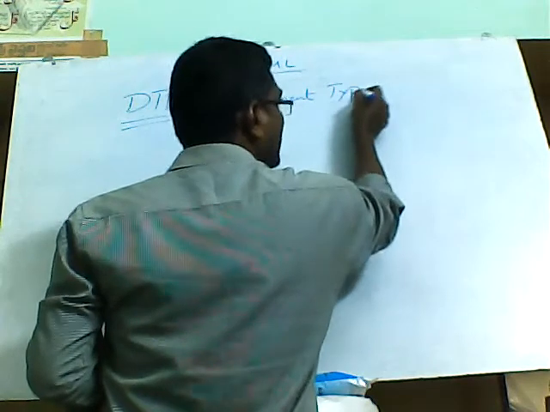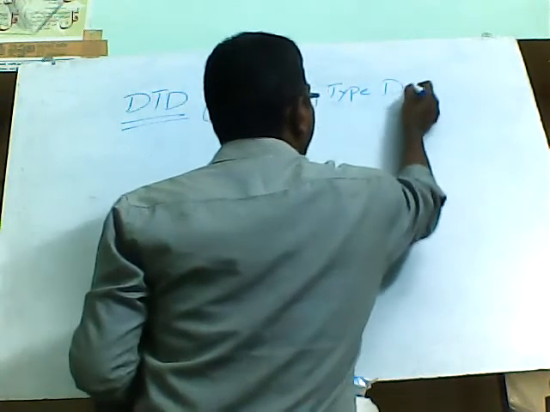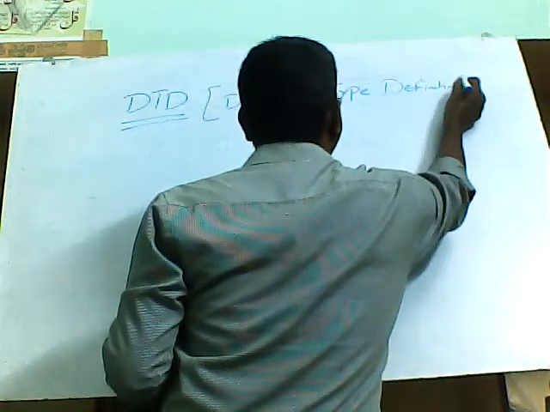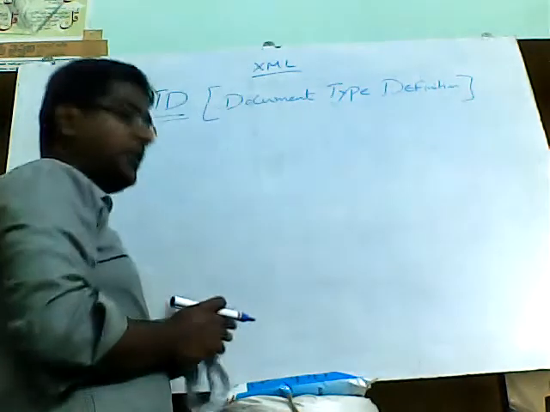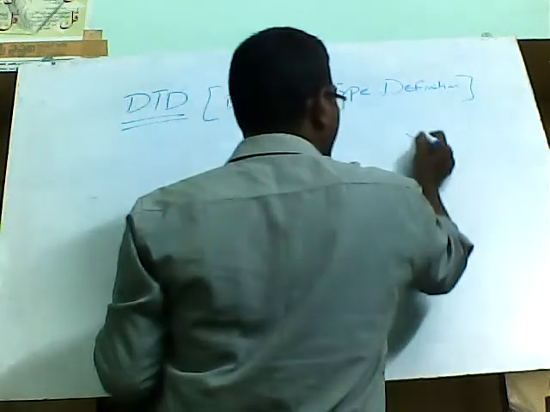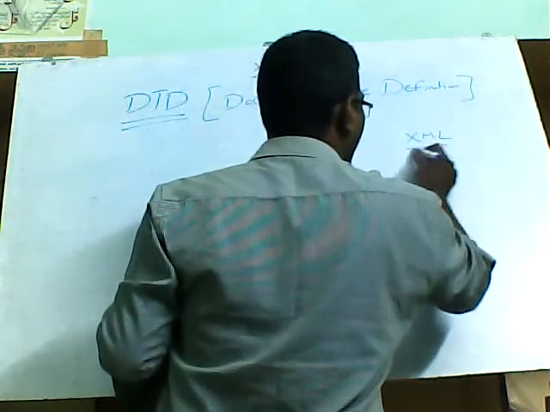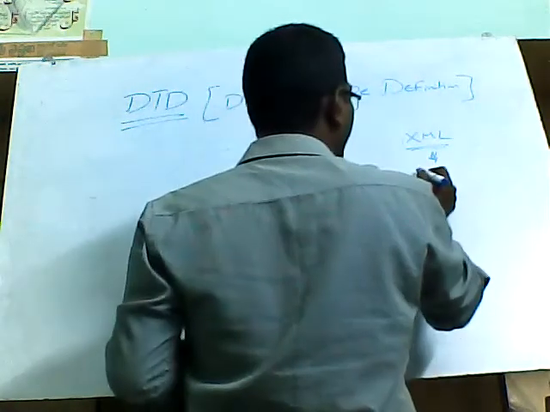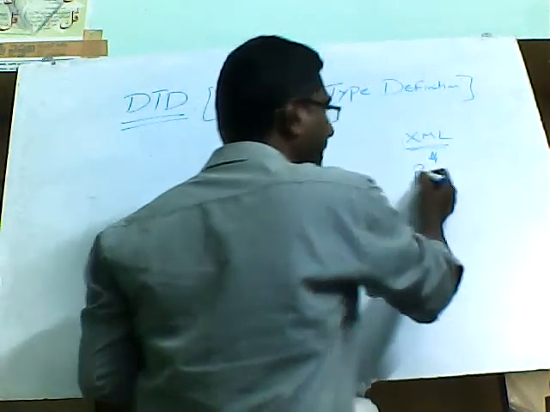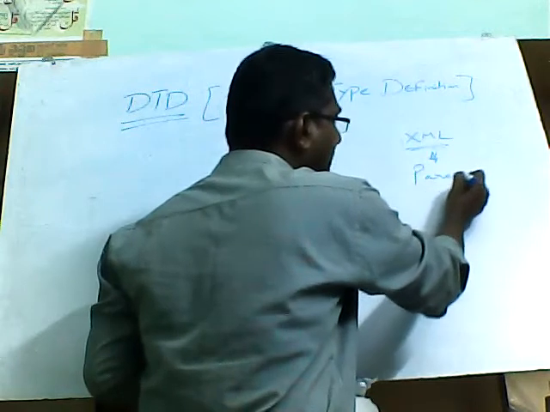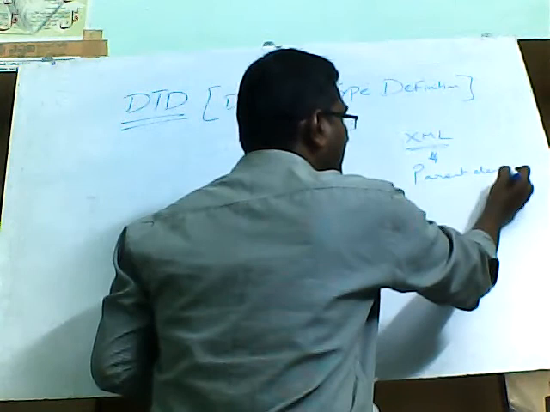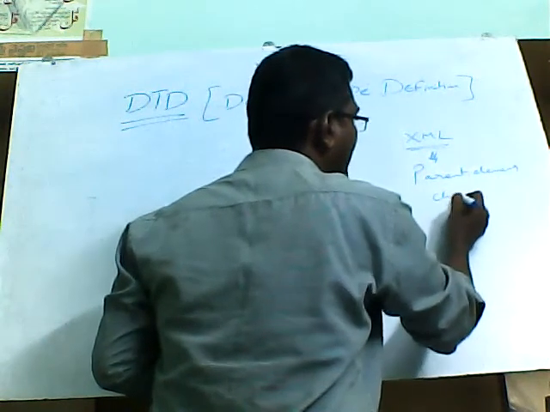If you observe an XML document, you can find different types of elements. You can find the parent element, and you can find the child elements.